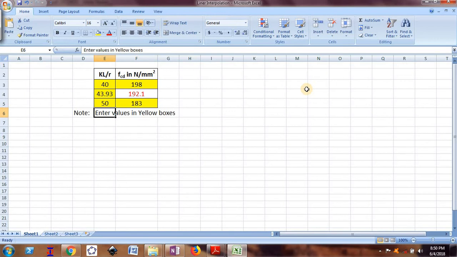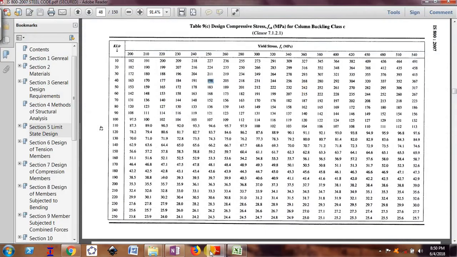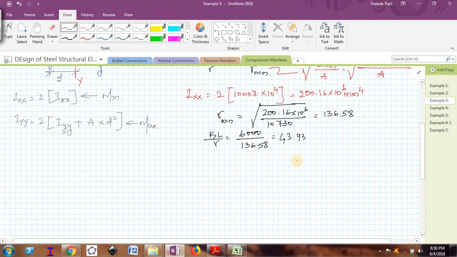So FCD for 43.93, I am getting 192.1. So I am getting FCD as 192.1 Newton per mm square.